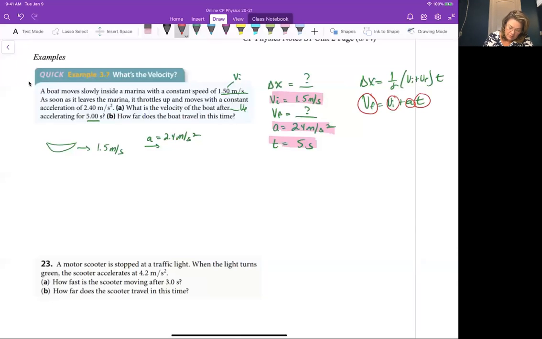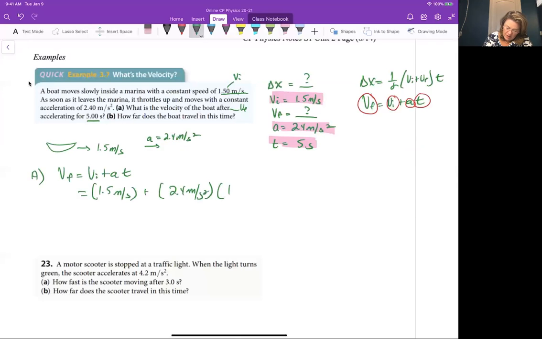And that's actually, in my opinion, where students struggle the most: trying to figure out what equation to use. V final equals V initial plus acceleration times time. What is my initial velocity? It's 1.5 meters per second plus the acceleration, which is to the right at 2.4 meters per second squared. So I'm speeding up, by the way.